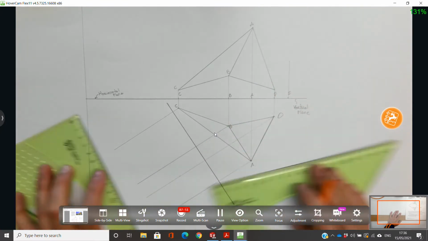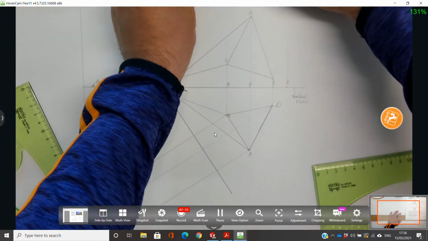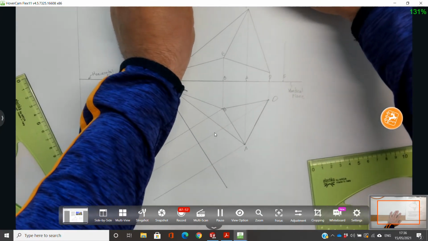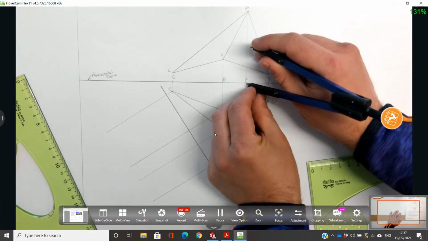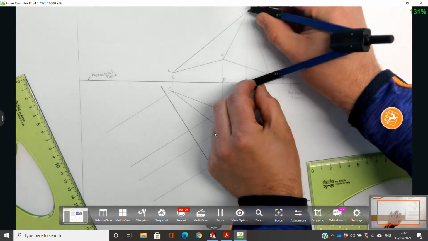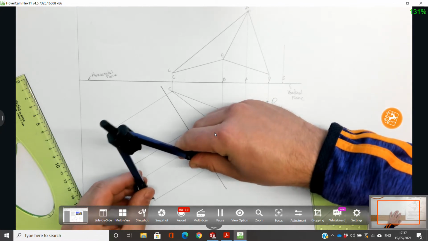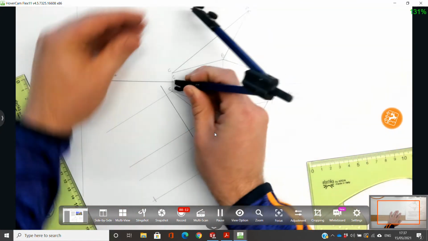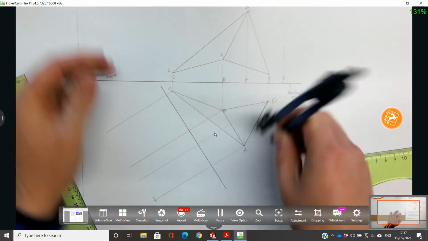So this is an auxiliary elevation, so I'm going to take my heights from elevation, the height of A there, the height of C and D are the same to save time.